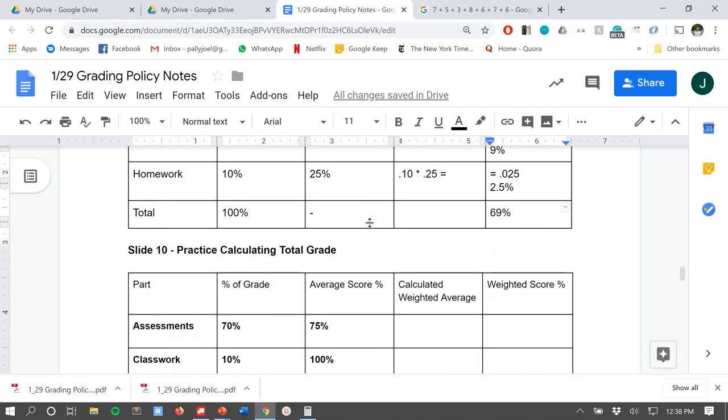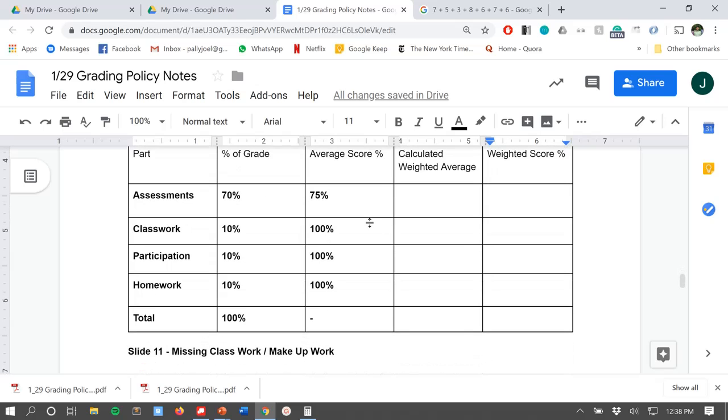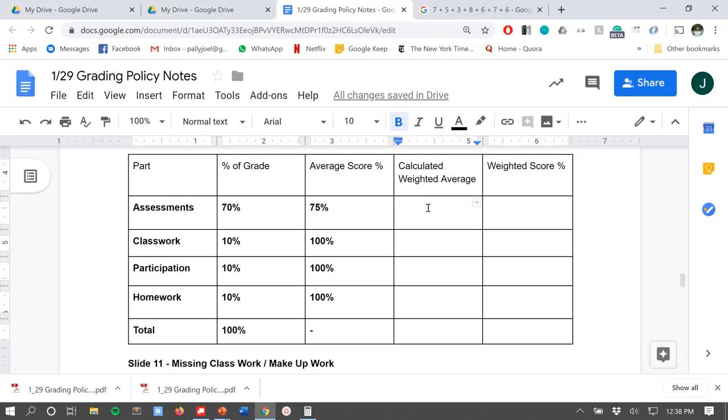So you're going to do the same thing right here. We can work on it together, so we can go through a little faster now. So 70% becomes 0.7. 75% becomes 0.75.